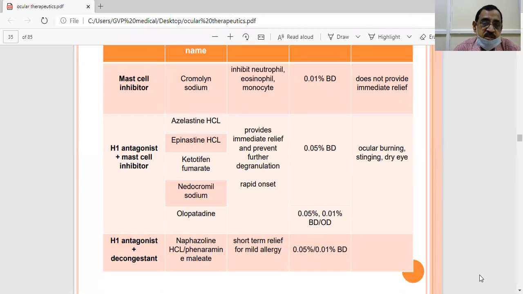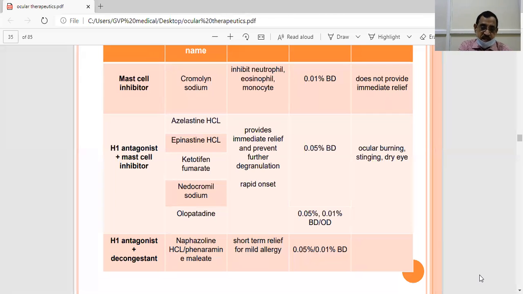H1 antagonists plus mast cell inhibitors such as azelastine hydrochloride, epinastine hydrochloride, ketotifen fumarate, nedocromil sodium, and olopatadine all come under this group. They provide immediate relief and prevent further degranulation. Rapid onset of action is there, and it is available in doses of 0.05%. Ocular burning, stinging, and dry eyes are secondary side effects.